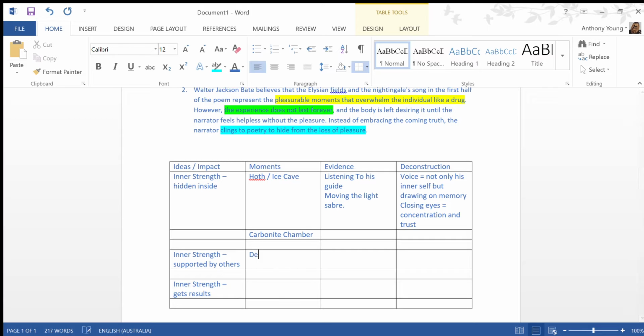Supported by others, the second paragraph about Dagobah. And Yoda comes up there. It also comes up, perhaps supported by others. It might be that idea of in the X-Wing with R2-D2.